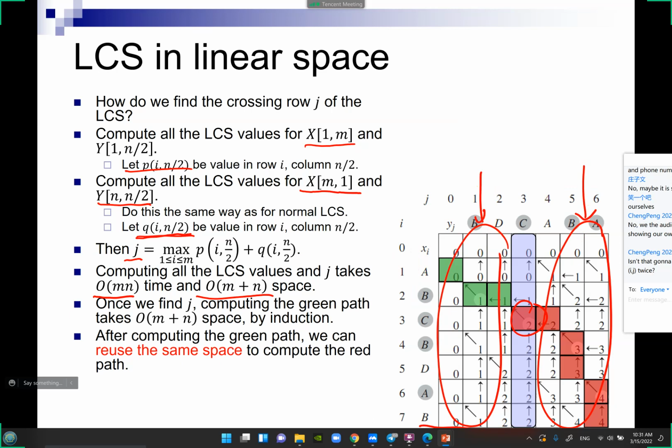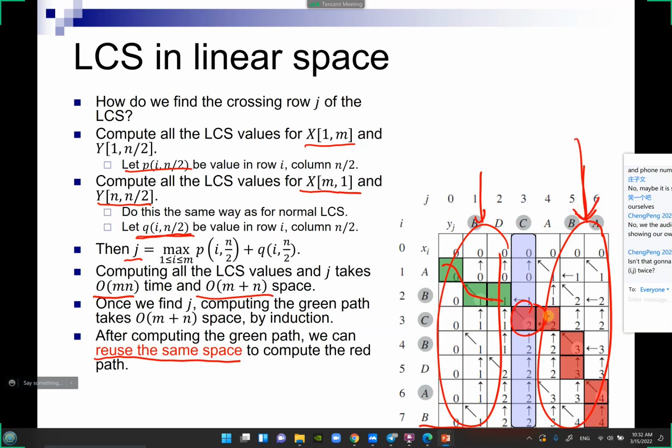When you do that, you can actually reuse your space. For example, let's say that if you solve the left part, it takes say 1 megabyte of memory. But then after you solve the left part, you obtain this green path, and now you can just reuse that 1 megabyte of memory to solve the right part.